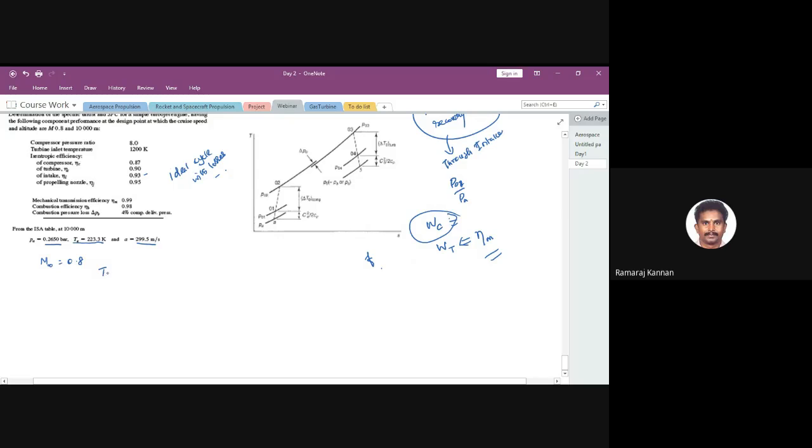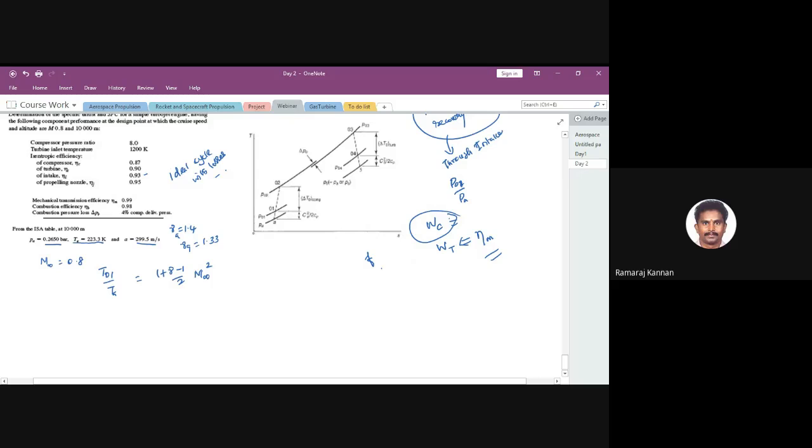So what we can do is, T01 by TA is going to be 1 plus (gamma minus 1) by 2 M infinity square. Let us take gamma as 1.4 here, because here gamma A is 1.4. Gamma G we will take as 1.33.